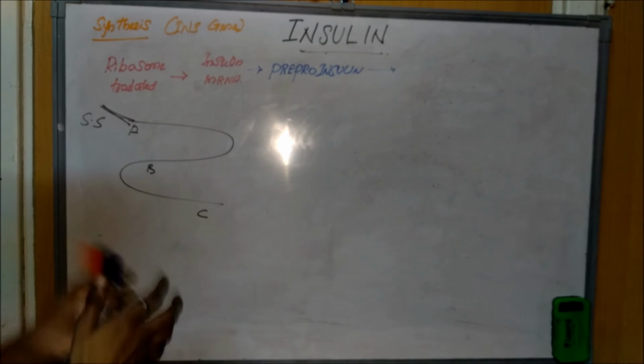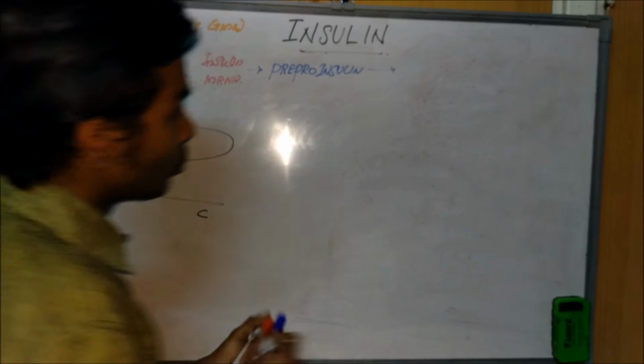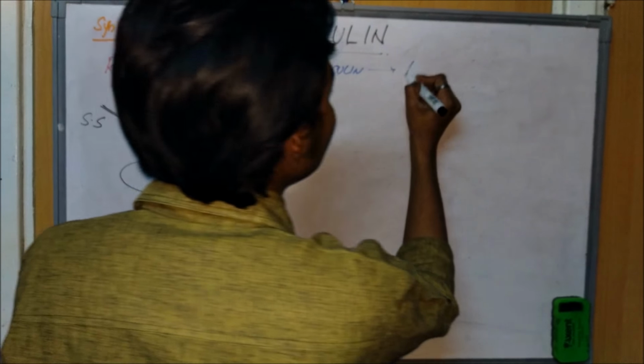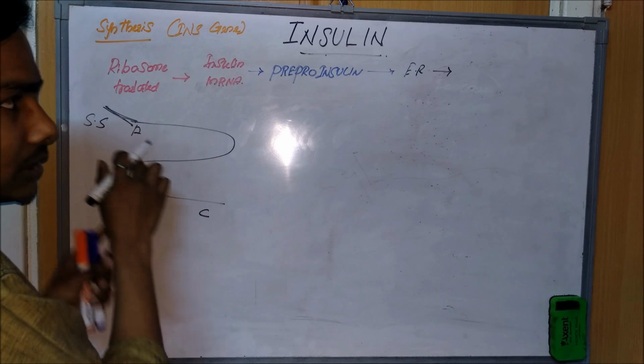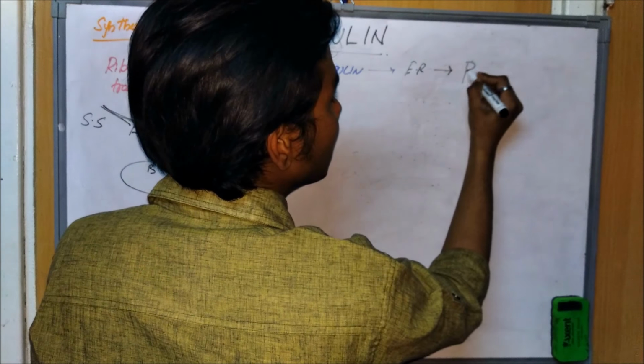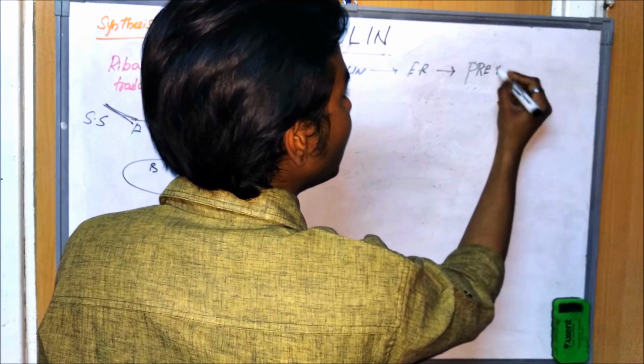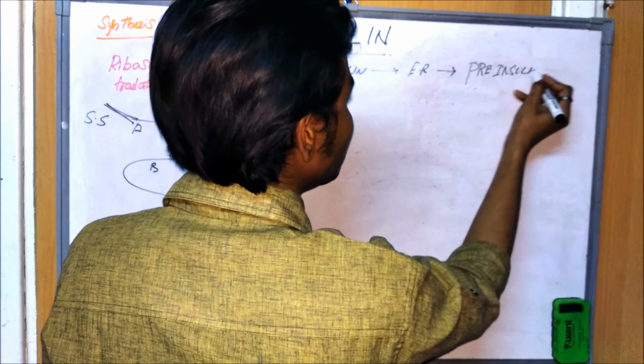This preproinsulin enters the endoplasmic reticulum, where the signal sequence is broken down, giving proinsulin.